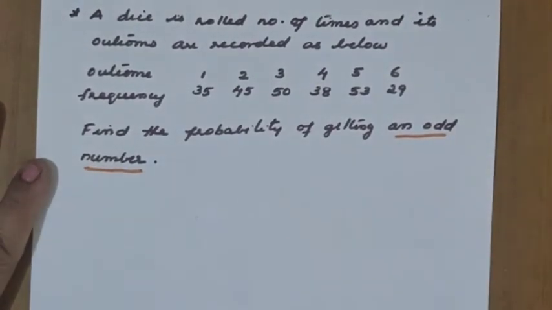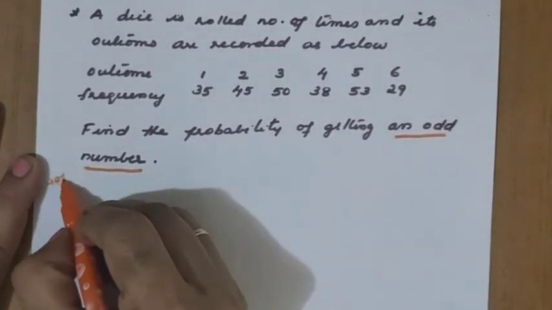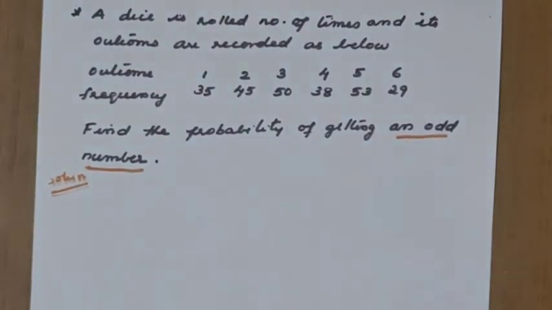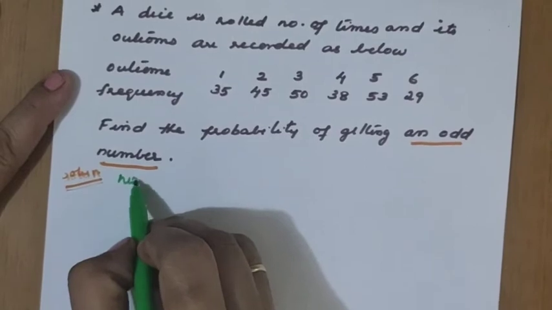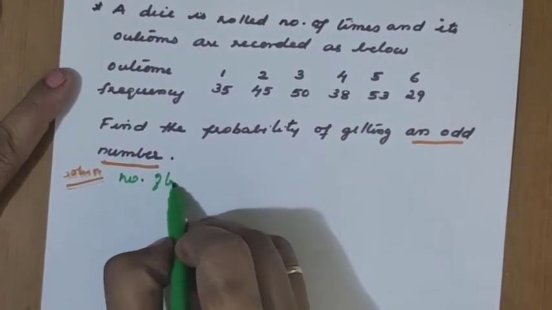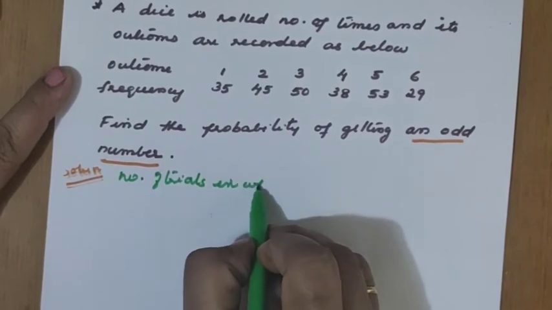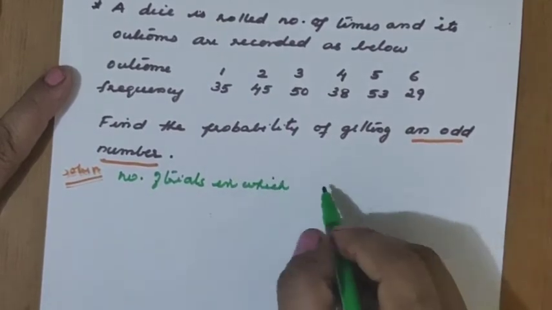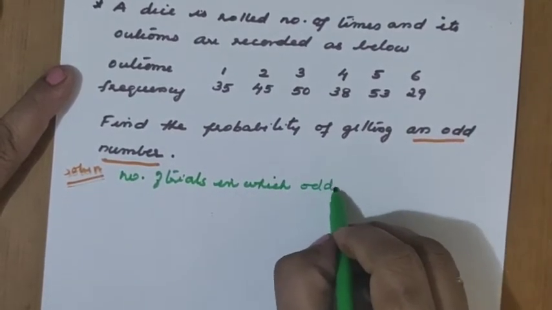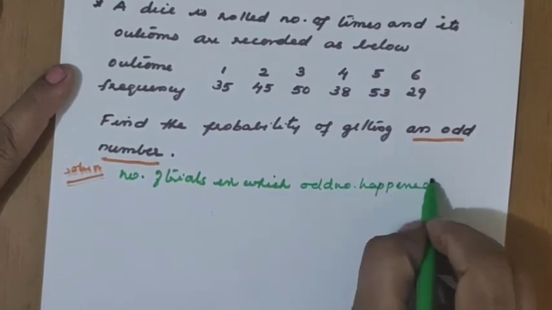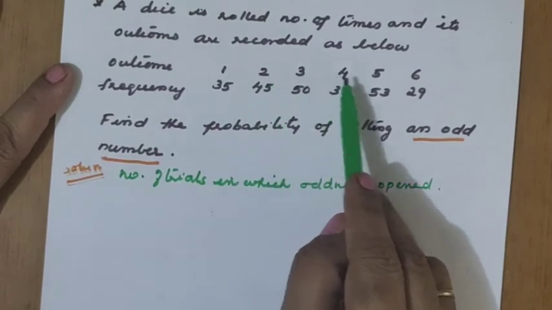So we will write here number of trials in which odd number happened. Which are the odd numbers? 1, 3, 5 only.